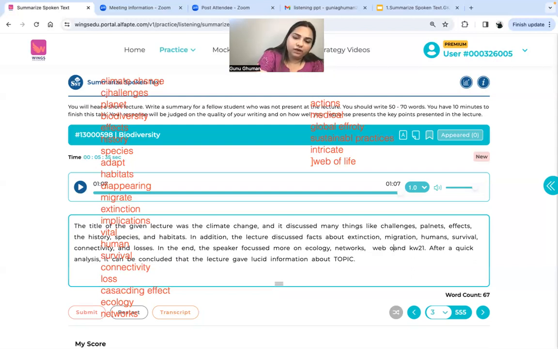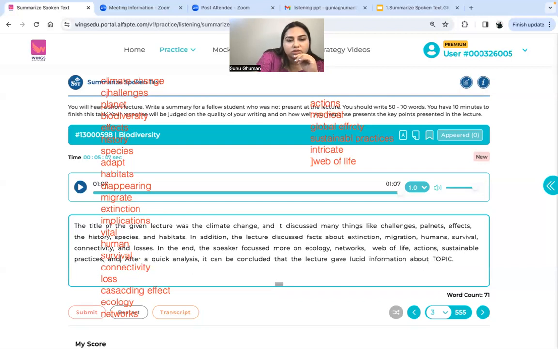You remember web of life? Actions. Oh, we can put that word as well. So you're only going to put the word you can spell. Sustainable practices. So 71 words. There's so many words here.